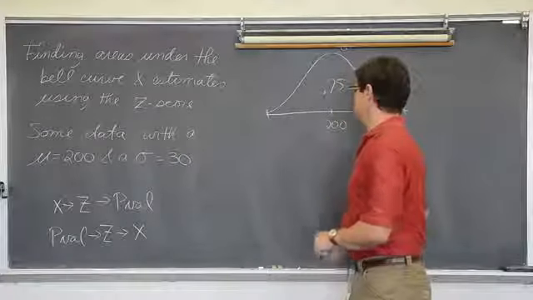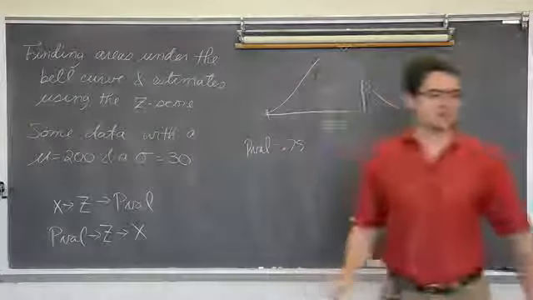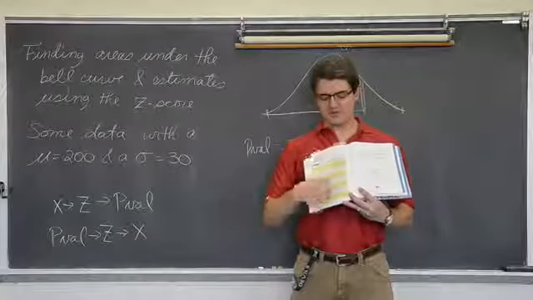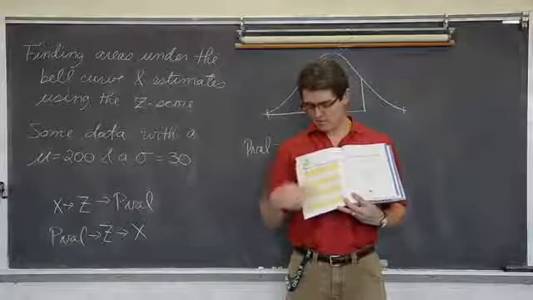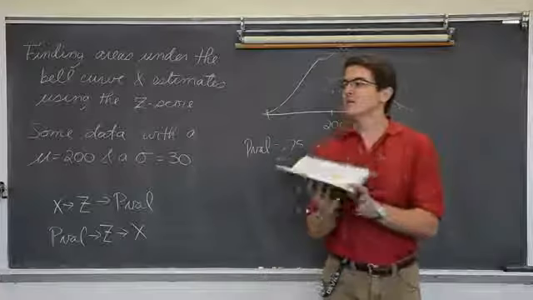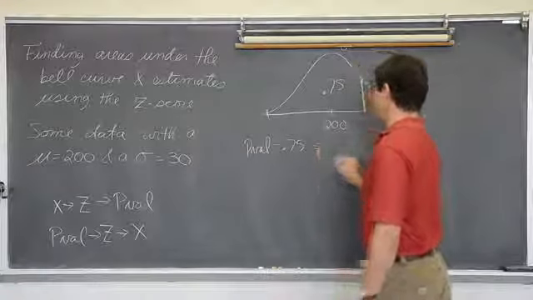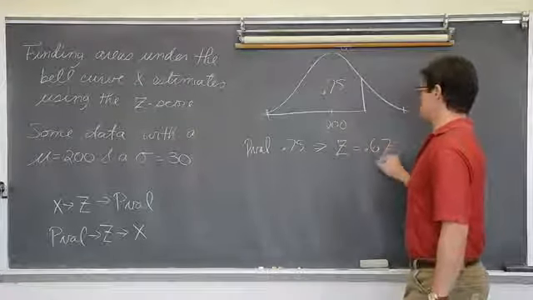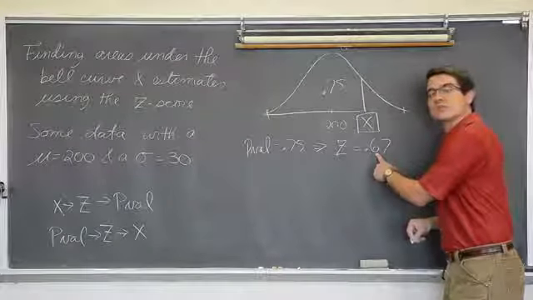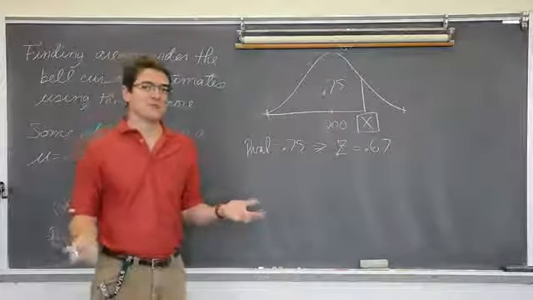So Q3, well, if my p-value is 0.75, I'm going to take my z-score chart and look in the body of the chart, because that's where the areas under the bell curve are. I'm going to look in the body of the chart and find as close as I can to 0.75. That'll give me a z-score of 0.67. So this statistic, which we're about to find, is 0.67 standard deviations to the right of the mean. Now if I know what the z-score is, guess what formula I'm going to use?